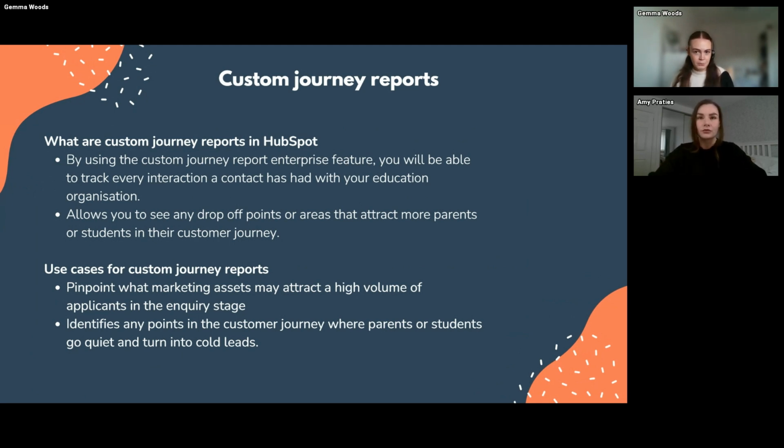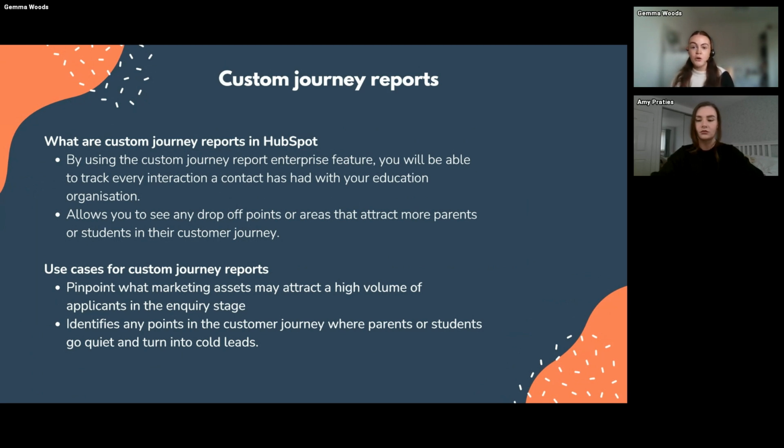As an example, you can see any activities such as engagement with marketing assets on your website that has attracted new parents or students and created them as a lead via a conversion action. So this might be that you have an open day ad, for example, that first attracted a student or a parent, or you might have a conversion form on your website.